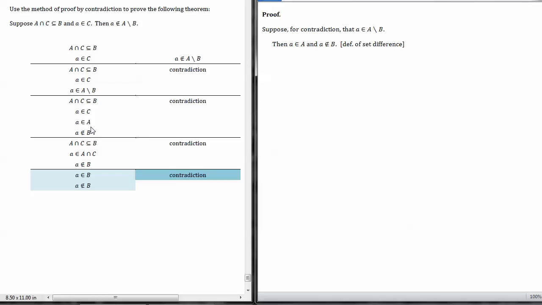And once we had that, we combined that A is in A and A is in C to see that A is in A intersect C. So because A is in A and A is in C, it follows that A is in A intersect C. It's just the definition of intersection of two sets. And then once we had that, we used the definition of subset.